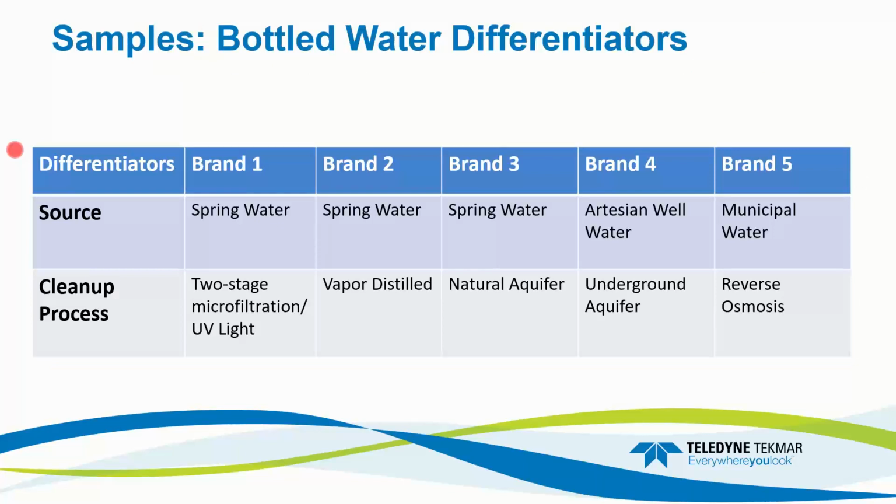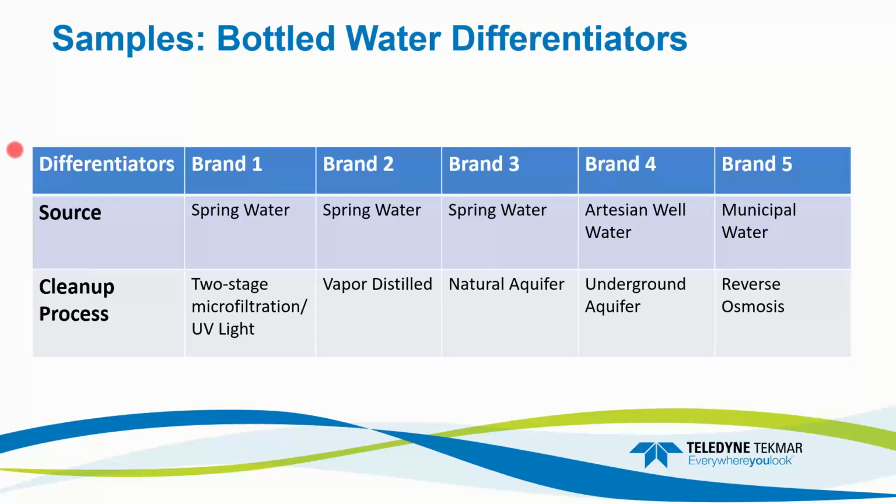So for this, here are the 5 samples that we analyzed: brand 1, brand 2, brand 3, brand 4, and brand 5. Obviously, we can't put what brands we're analyzing. It's kind of a market basket survey here. So brand 1 is spring water, but it was filtered by a 2-stage microfiltration process with UV light.